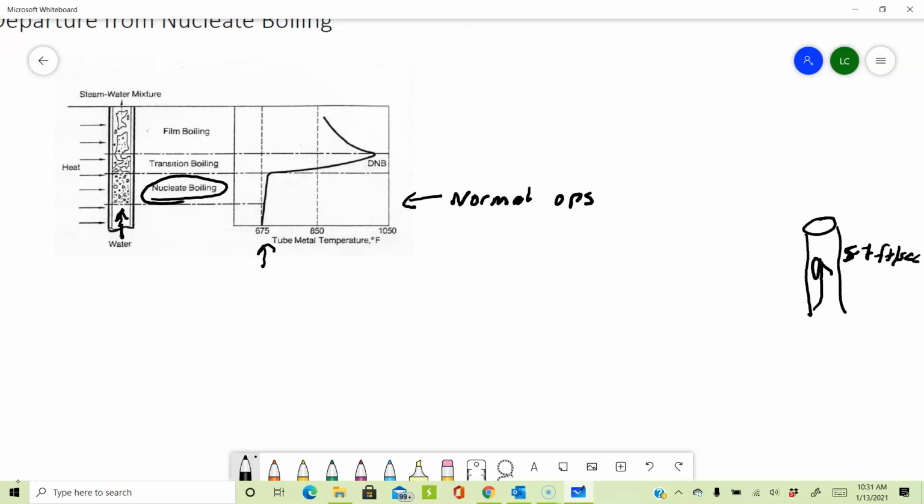Things are great. Now if you are not paying attention and you're adding too much fuel to your boiler and you're reaching max capacity, you have to worry about pressuring your drum, which you have safety relief valves for, but you also have to worry about the temperature of your tubes.